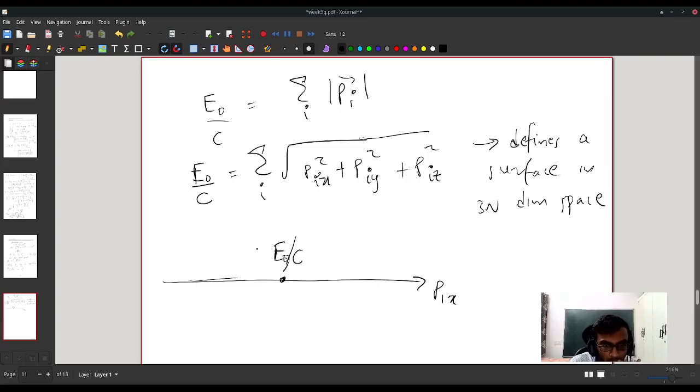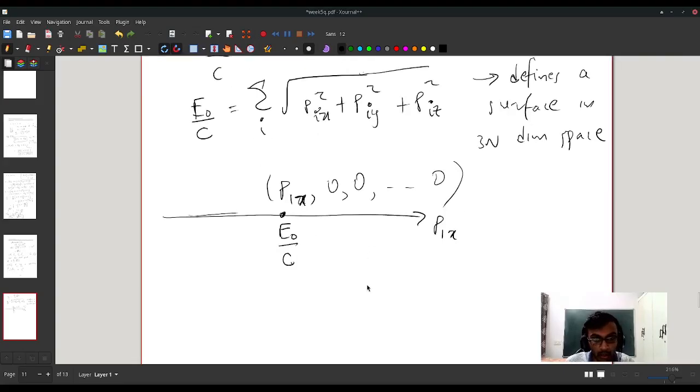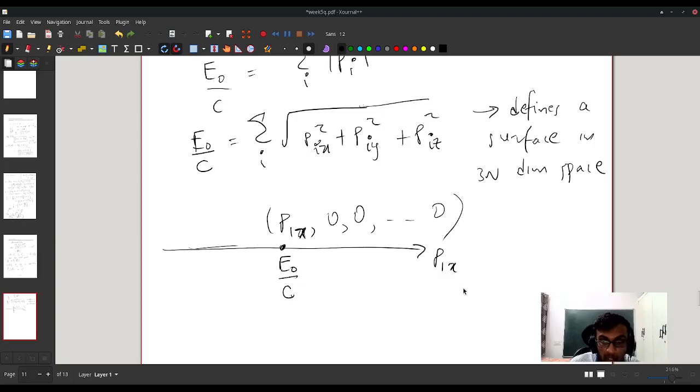This is a point where P1x is non-zero and every one of the other variables is zero. So this is on the P1x axis, and this dimension is E naught by c. We have a similar picture in every other direction.